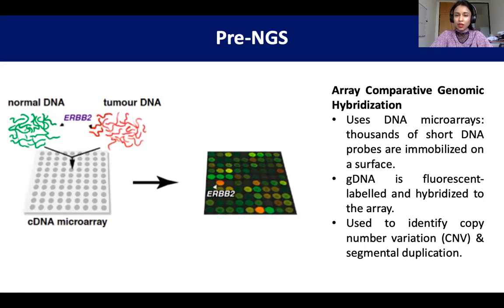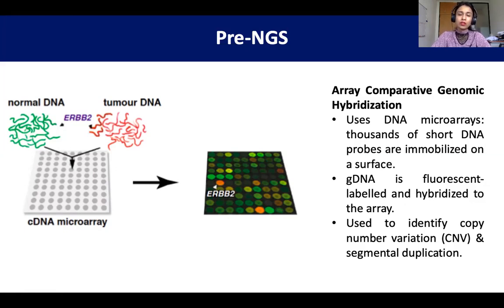They are already immobilized on the surface, and then you add your genomic DNA, which is fluorescently labeled, and it is allowed to hybridize. If it's able to hybridize, there will be, of course, fluorescence, and they use software to actually screen through and analyze the fluorescence intensity, right?